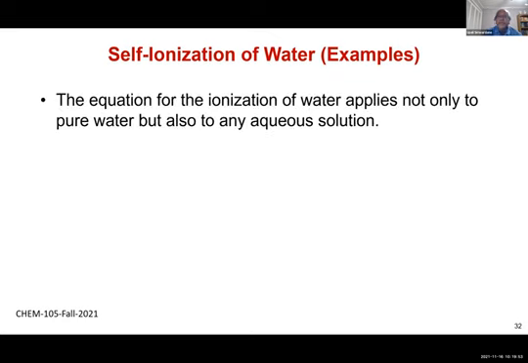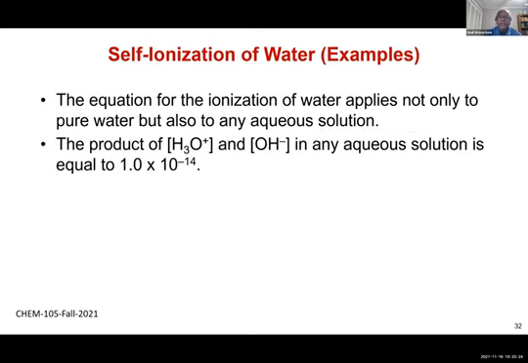The equation of ionization of water applies not only to pure water, but also to any aqueous solution. Even in acidic or basic solutions, this Kw is the same, but the relative amounts of hydronium ions and hydroxide ions change depending on what we added to the water solution.